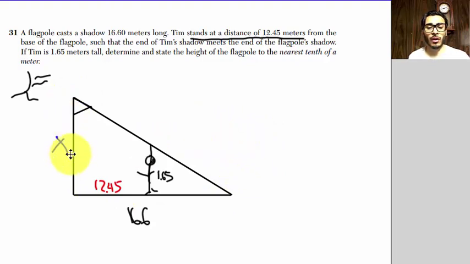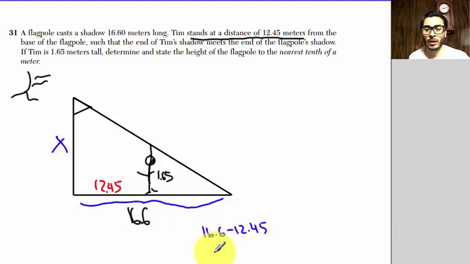And we want to solve for the height here, we want to solve for X. Now, if this is 12.45 and the whole thing is 16.6, we could figure out what this piece is. That's going to be 16.6 take away 12.45. So 16 take away 12 is 4, and 0.6 take away 0.45 is 0.15. So we're going to get 4.15 for this part here.